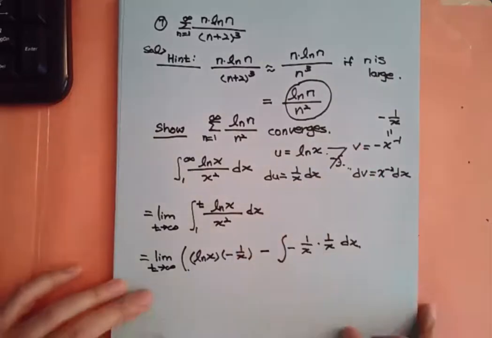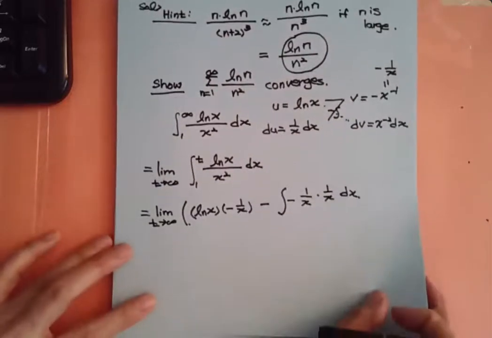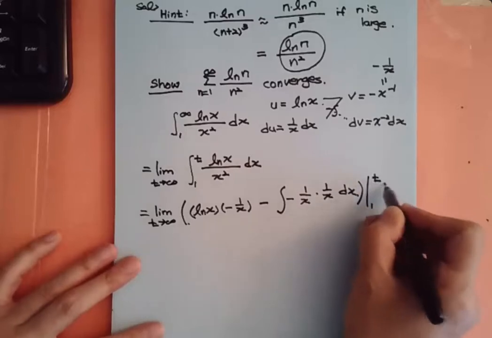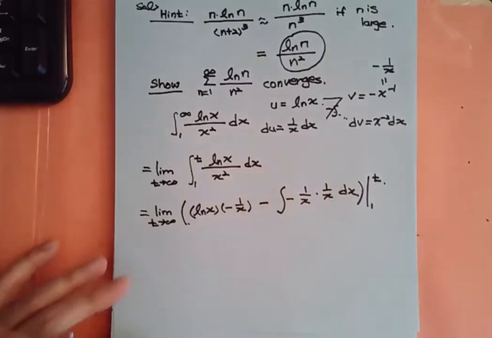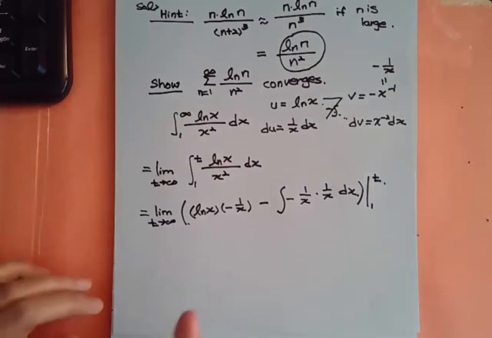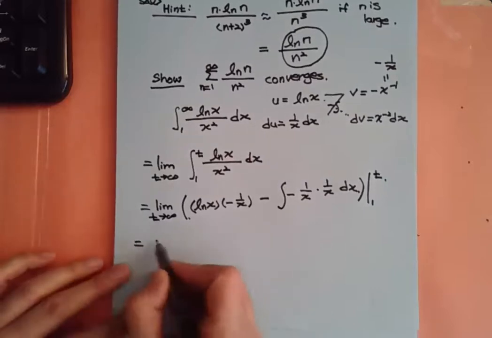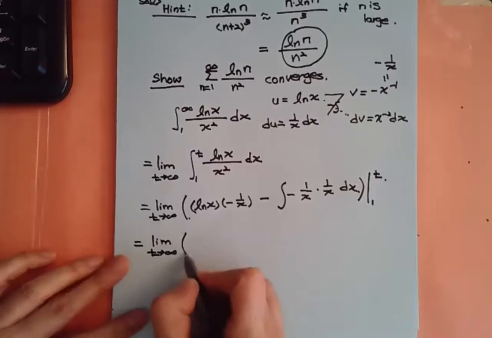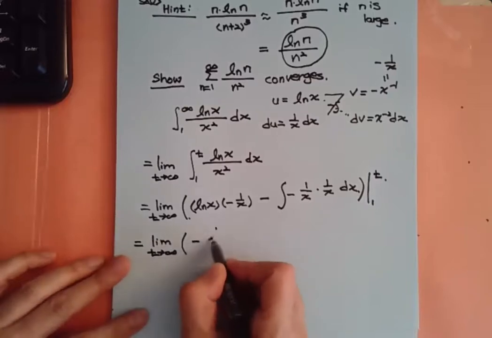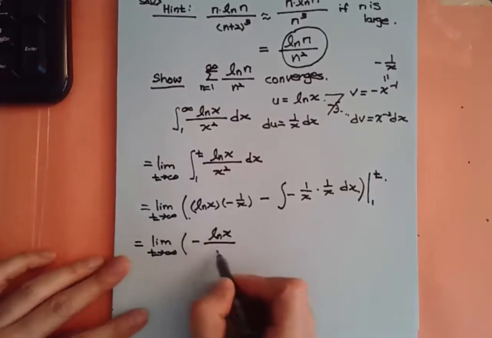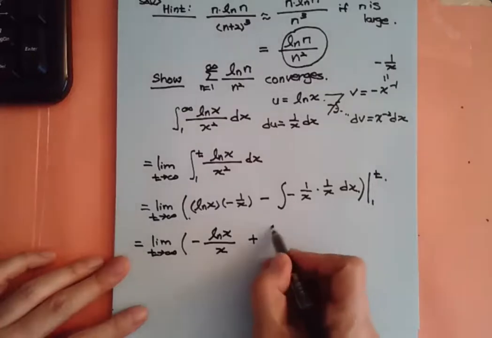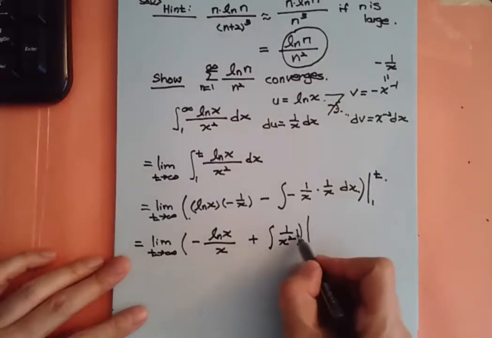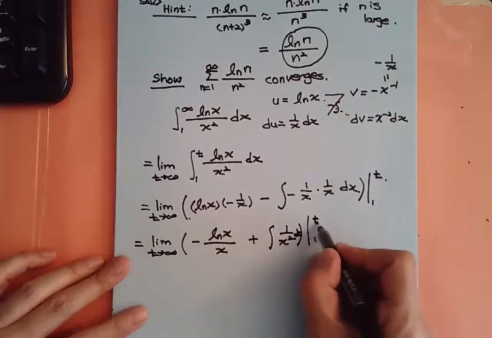So that becomes the limit as t goes to infinity of negative natural log of x over x, minus minus is plus, the integral of 1 over x squared dx from 1 to t.